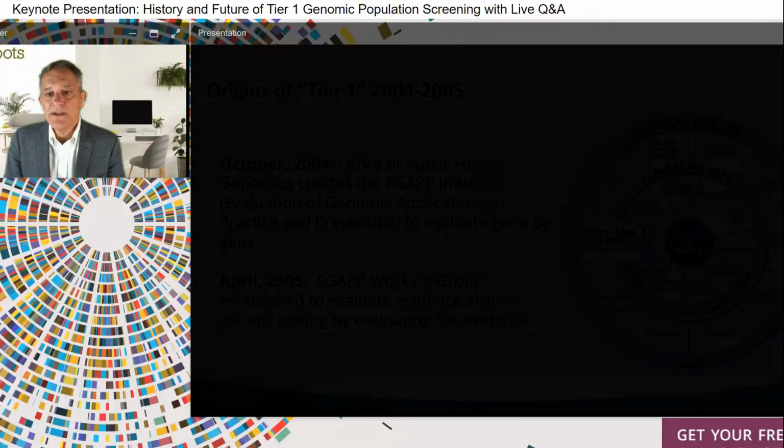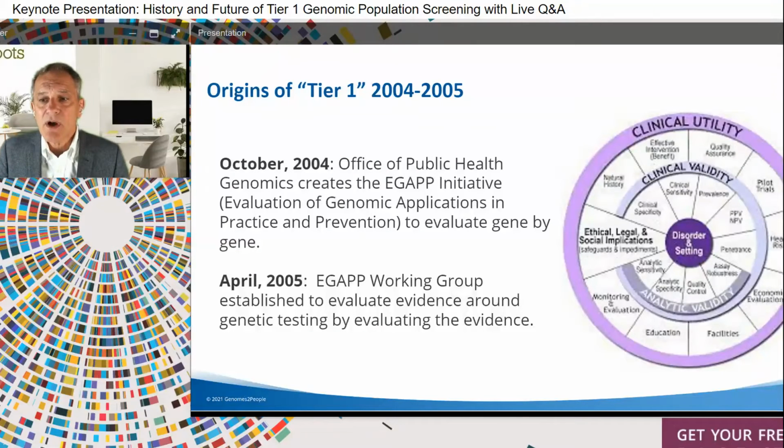Well, they worked on essentially what they should do, and then after the first couple of years, they decided to create an initiative they called EGAPP, or Evaluation of Genomic Applications in Practice and Prevention, to evaluate gene by gene what the evidence was for essentially public health use.